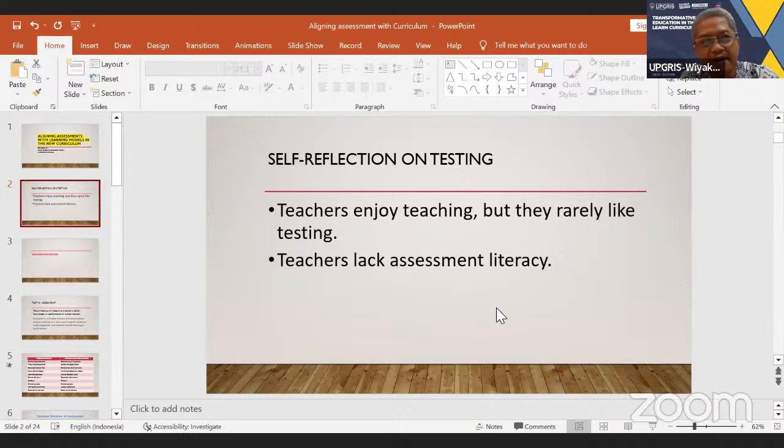Either it is an online meeting or an offline meeting, until we forget that, oh, this is the 8th meeting of our schedule, then we have to give a mid-test to the students.